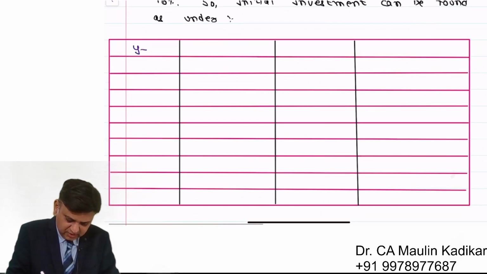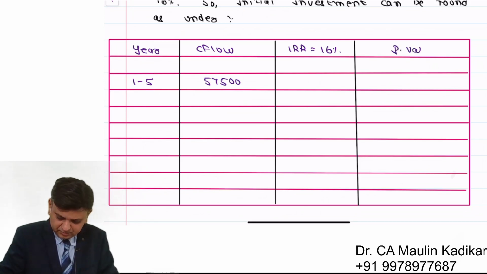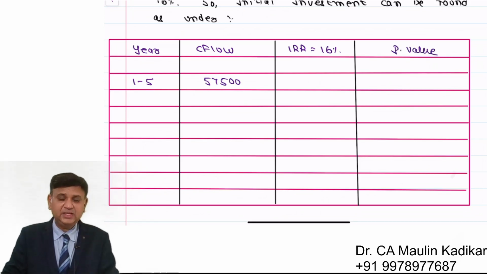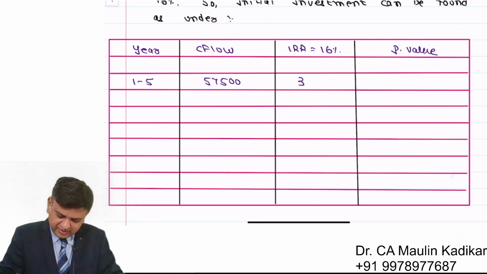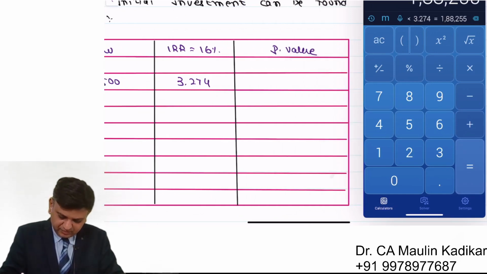Column number 1 is year 1 to 5. Cash flows 57,500. IRR is 16%. At the rate IRR NPV 0. So 16% discounting factor is given to us 3.274. So 188,255.